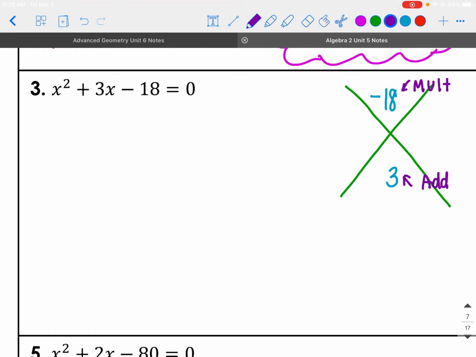And to multiply to get a negative number, you have to multiply one positive and one negative. So a positive times a negative equals a negative. So I'm just going to list out all of the ways that I can get 18. 1 and 18. 2 and 9. 3 and 6.